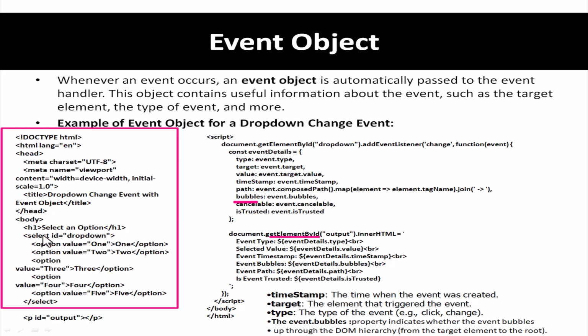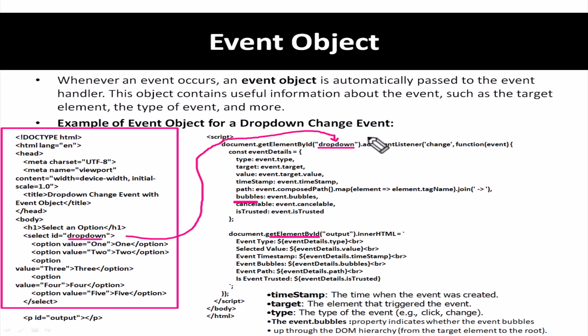The id will be the output, and based upon the output value we get the element. Here we have used a dropdown. Dropdown is the particular id that we are using here in the script.